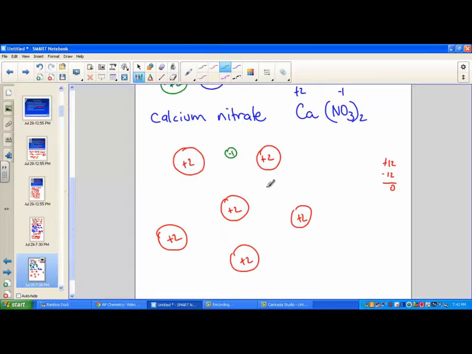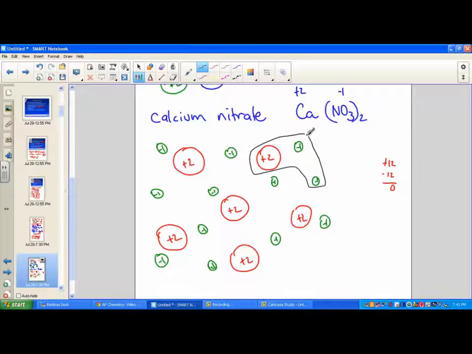Half the size, but represents half the magnitude of the charge. 1, 2, 3, 4, 5, 6, 7, 8, 9, 10, 11, 12. Calcium nitrate. Keep in mind, what we've done is saying for every 1 calcium, we had 2 nitrates, and that ratio would come out to be the perfect 1:2.